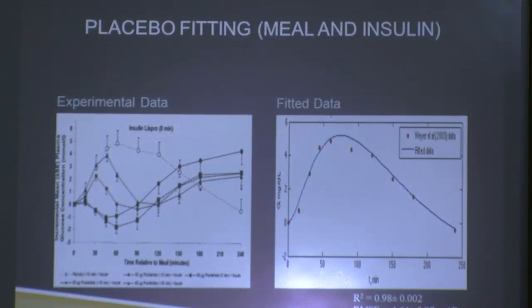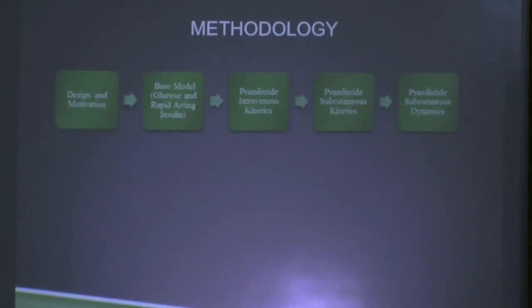R-squared, or the coefficient of determination, describes how well data points fit to a line or curve. And root mean square error is frequently used to measure the difference between values predicted by a model, specifically our model, and the observed values, which is the experimental data.